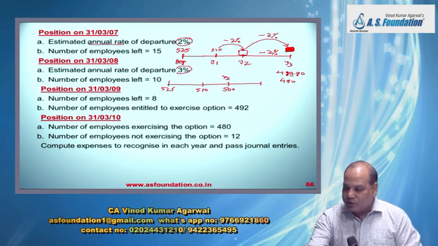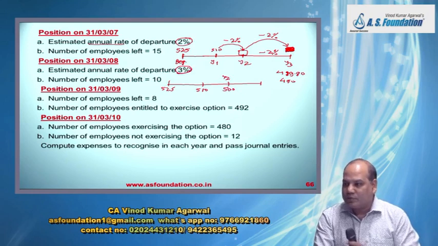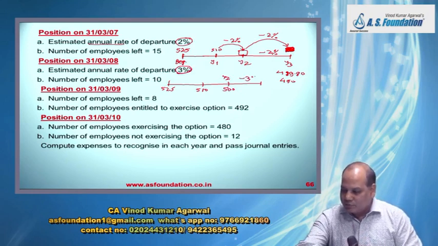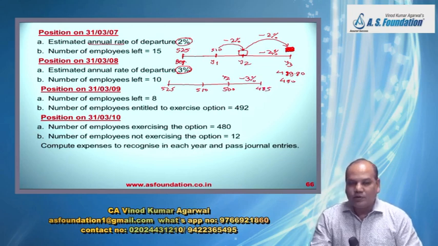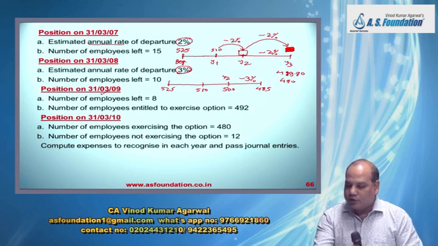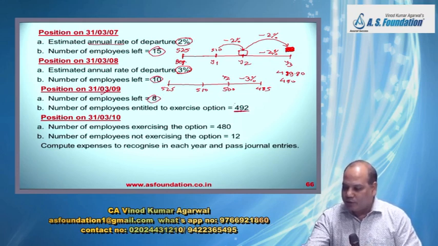And what is my estimated annual rate of departure here? 3%. Means I expect next year 3% employees would leave. So my revised number of employees who are expected to satisfy service condition is 485. Then I come to next year. Now I have actual data. 15 left, 10 left, 8 left. So how many employees were finally eligible here? 492.